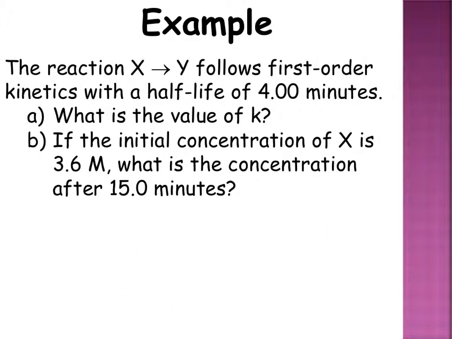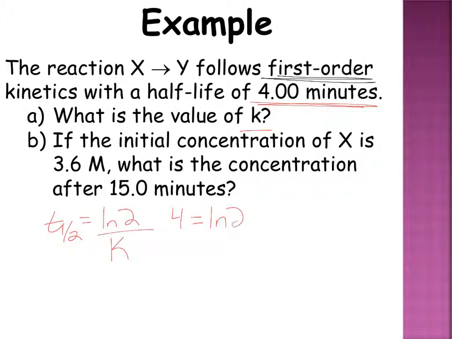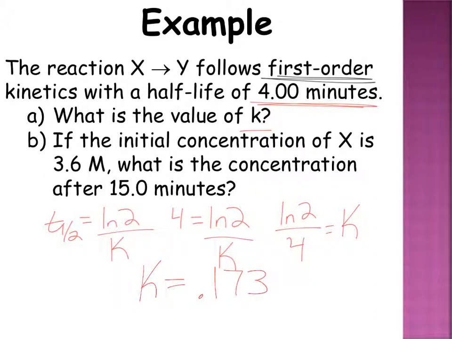Okay, so here we've got an example problem. It says it is first order and tells us the half-life is 4 minutes, and we need to find the value of K. We know the relationship between half-life and K, so 4 equals natural log of 2 over K. If I rearrange that algebraically, natural log of 2 divided by 4 is my K. So K is equal to 0.173.